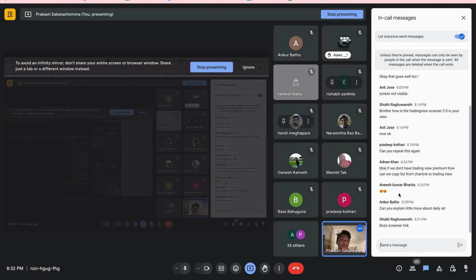All right, moving on, Anish, can you explain a little bit more about daily ATR? ATR is very simple. ATR stands for average true range, meaning how much it moved in a day. It's basically the largest distance either from high to low, today's high to yesterday's close, or yesterday's close to today's low.